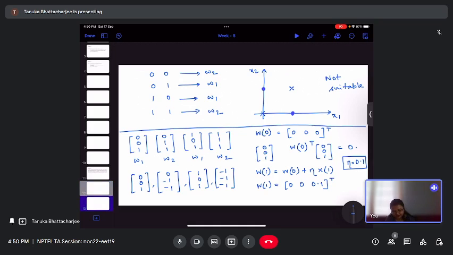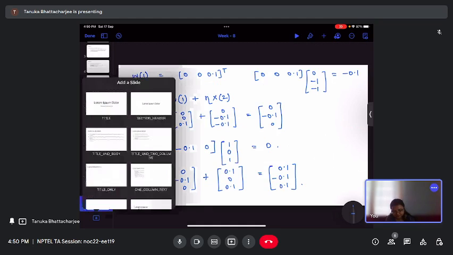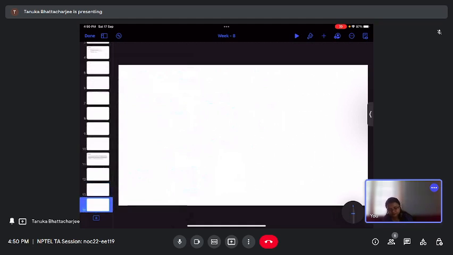If you take that, it is equal to minus 0.1 plus 0.1 minus 0.1, so finally minus 0.1. Again you will have to update.